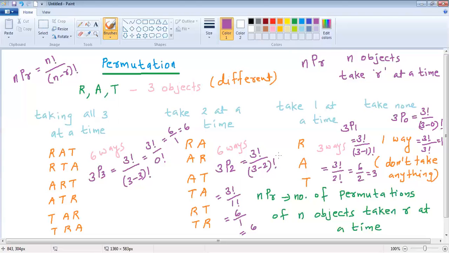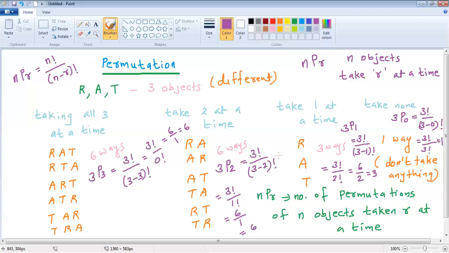How many ways are there? It is nPr, number of permutations of n objects taken r at a time. The formula for finding nPr is n factorial divided by n minus r factorial.